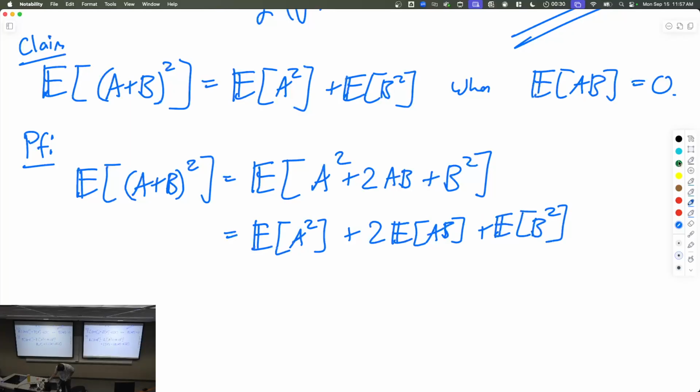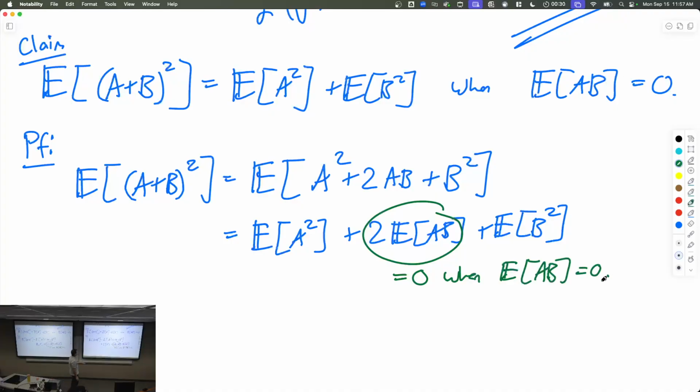And this term equals 0 when the expected value of ab equals 0. So if someone tells you they're uncorrelated, this middle term just drops out, and you have exactly the result: (a plus b) squared is equal to a squared plus b squared. The middle term goes away under the assumption that they are uncorrelated. So I'll just leave it there. Okay. These two slashes mean I'm done.